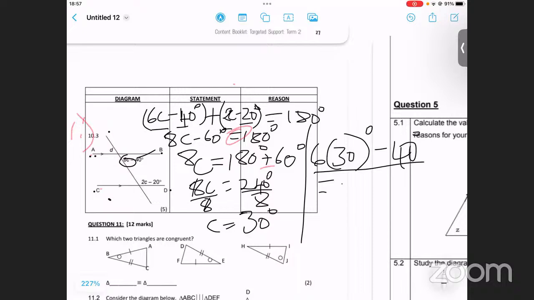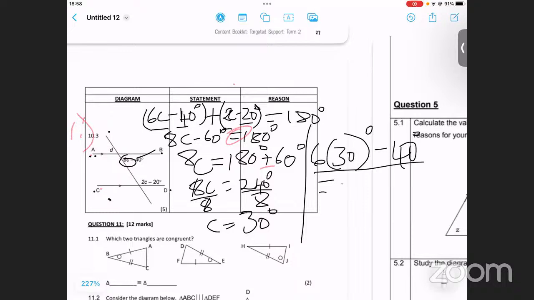If it's 180, then we did something wrong. How much is it, guys? Ma'am, I got 140. 140. Okay, 140 can be acceptable.